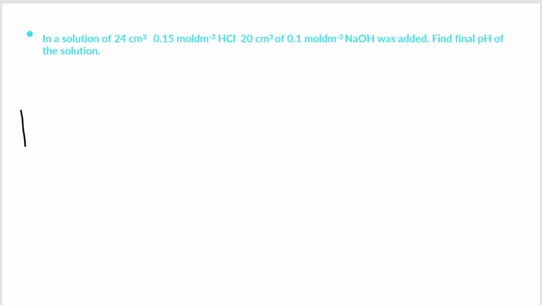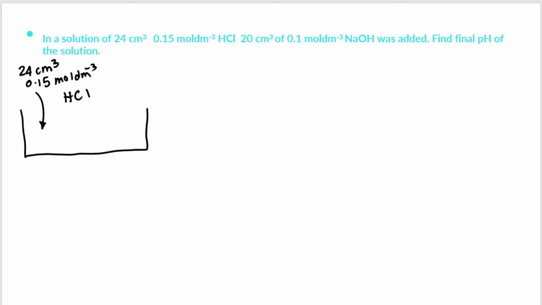So in a beaker, we have added 24 cm cube of 0.15 mole per dm cube HCl, and we have added 20 cm cube of 0.1 mole per dm cube NaOH.